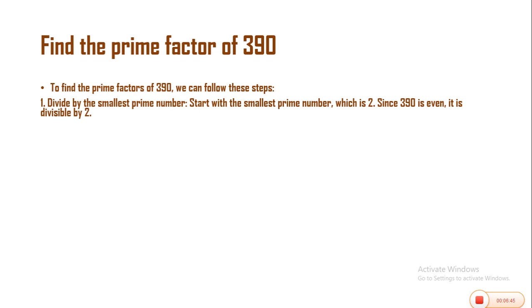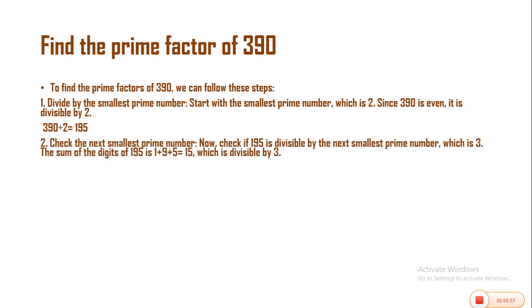Since 390 is even, it is divisible by 2. So we divide 390 by 2, and we get 195. 2 can no longer divide 195 because 195 is not even. So we'll check the next smallest prime number, that is 3.